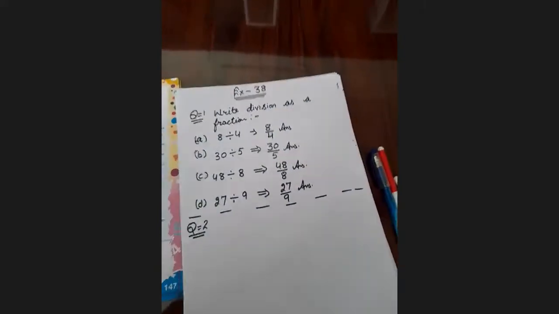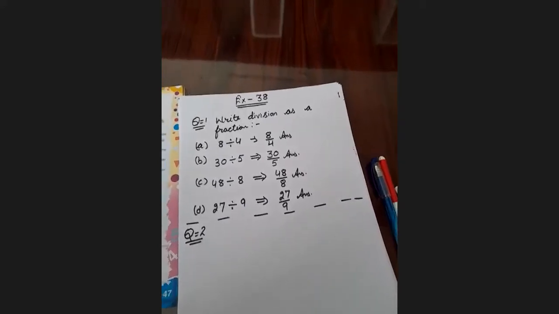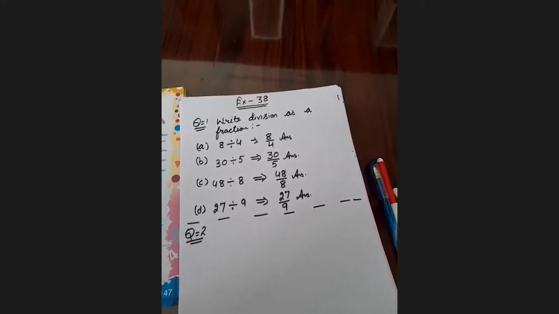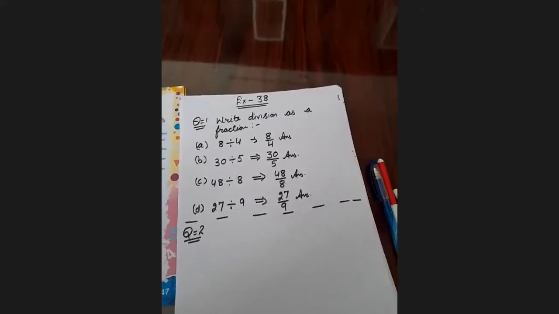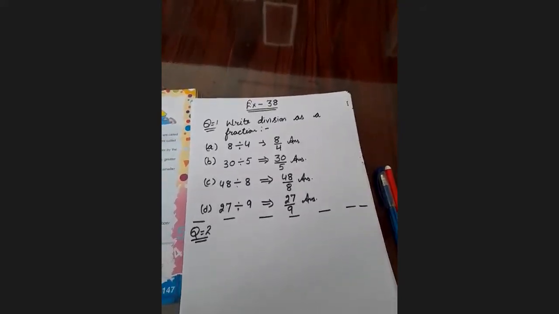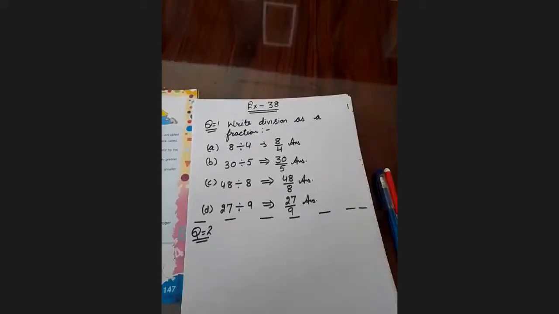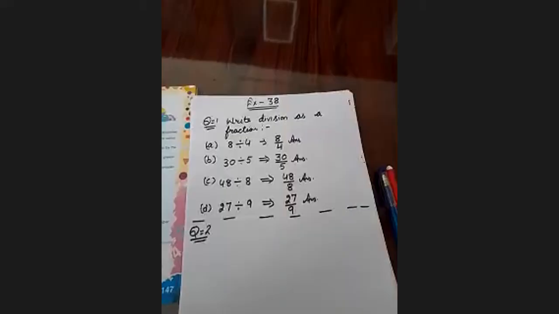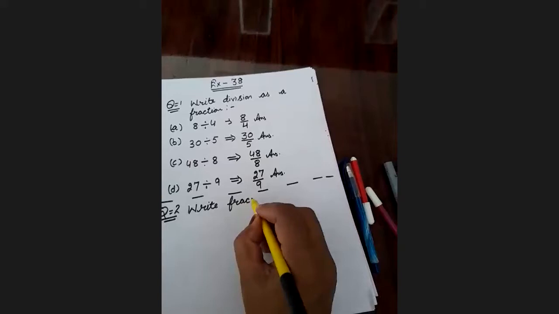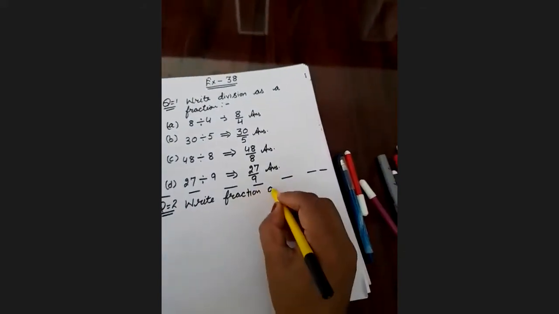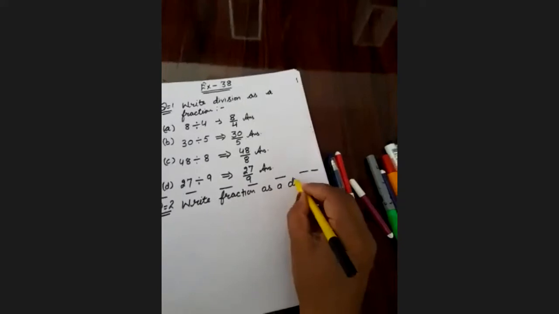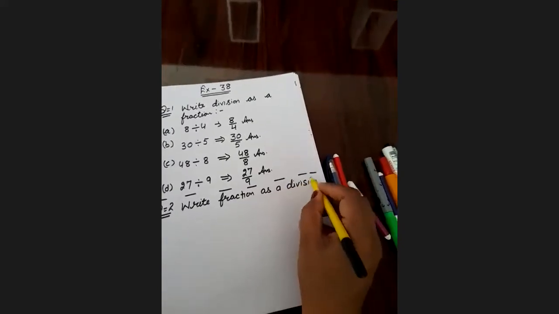Now, students, the second question is write each of the following fractions as a division. Right now, the question is write a fraction as a division. Now your number is already in fraction form. Now convert this number as a division.